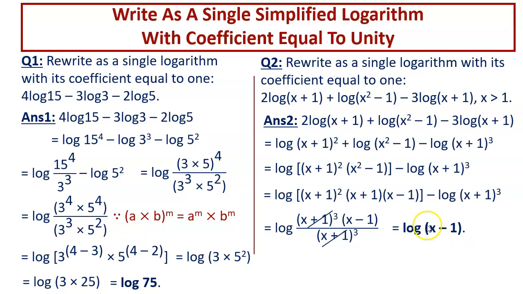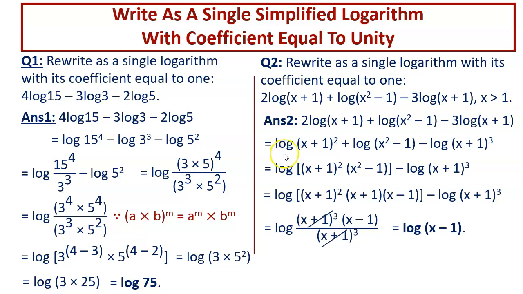Okay, so we had to do all these steps because of this word simplified logarithm. Otherwise, we could have just taken these two, x plus 1 whole squared times x squared minus 1 divided by x plus 1 whole raised to the power of 3. We could have given that.